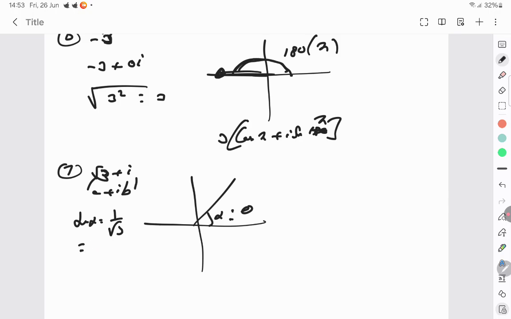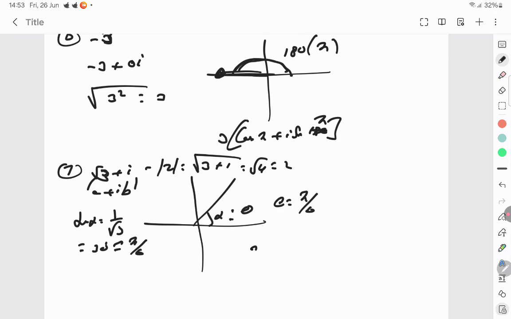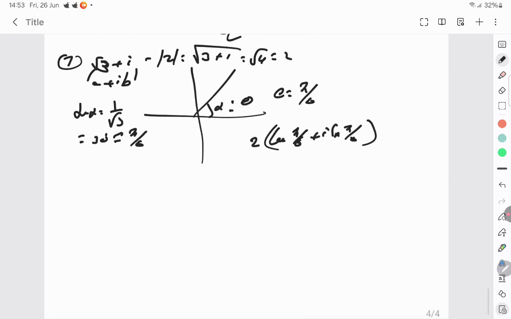So 1 by root 3 will come in 30 degree or pi by 6. So theta also is pi by 6. The modulus of this complex number is 3 plus 1, root 4, so it's 2. So 2 into cos pi by 6 plus i sin pi by 6 will be the answer for this.